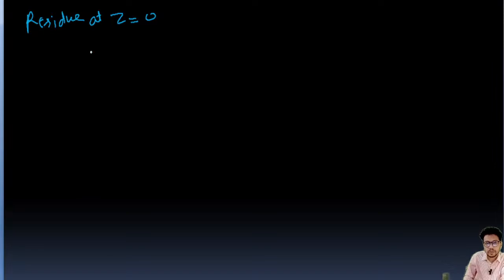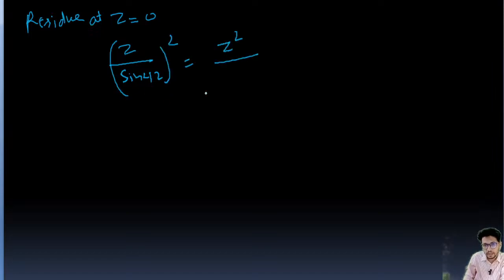So we have been given the function, that is z upon sine 4z whole square. So we'll open it. It is going to be z square upon, and this will open. Sine 4z is 4z minus 4 cube z cube upon 3 factorial plus so on, right?